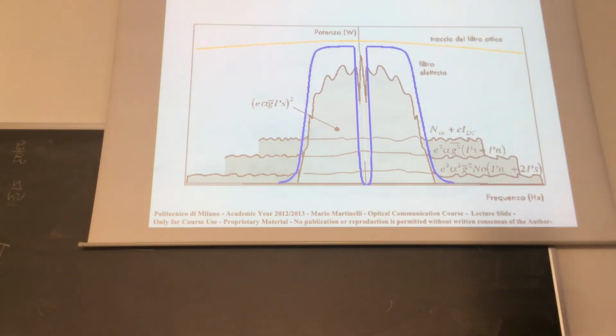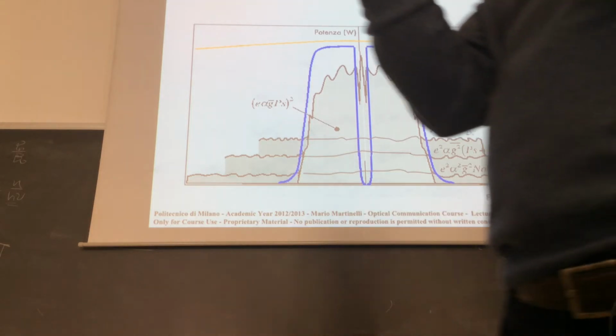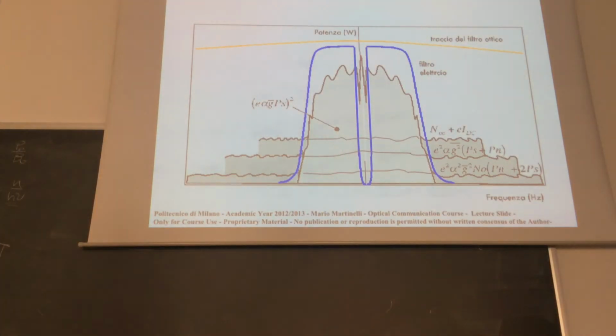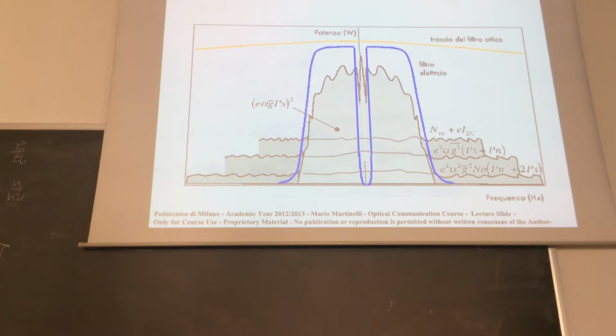That is, we have the yellow line that represents the trace of the optical filter, because the optical filter is much larger than the electrical filter. Then you have the electrical filter with a notch. And inside the electrical filter, you're supposed to have an electrical filter of 30G, you have 25G, the spectrum of the signal, in order to avoid removing information content.